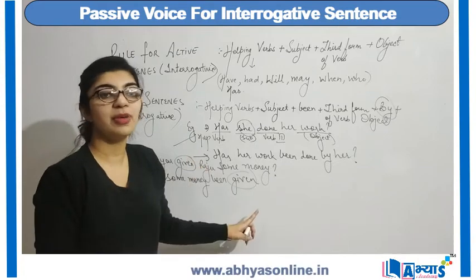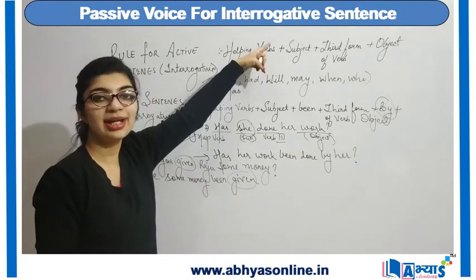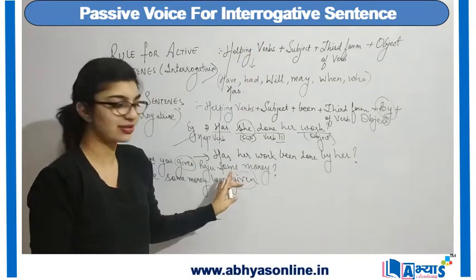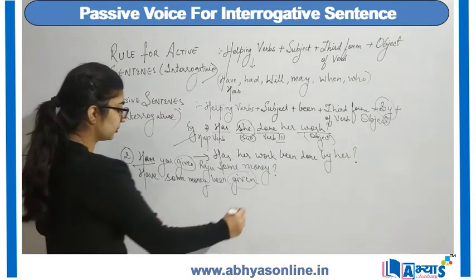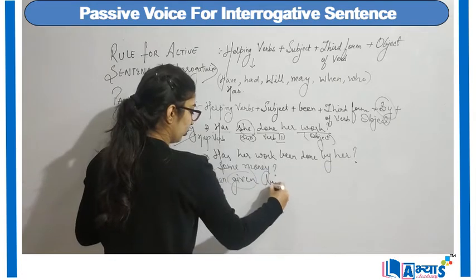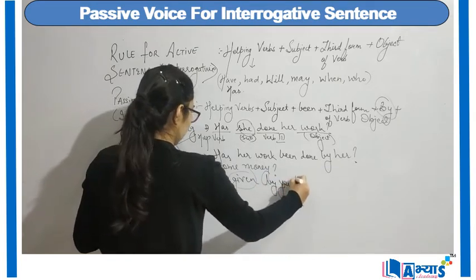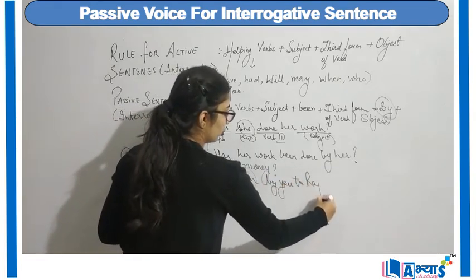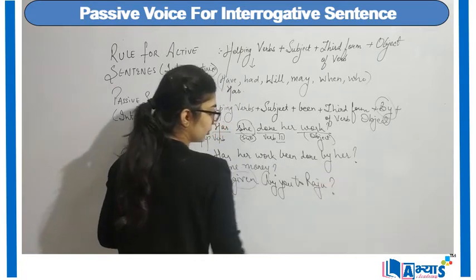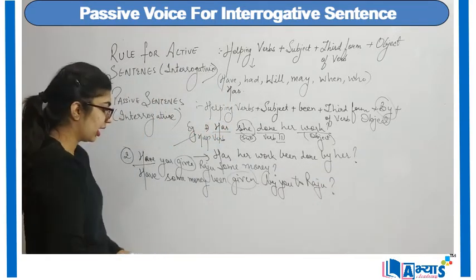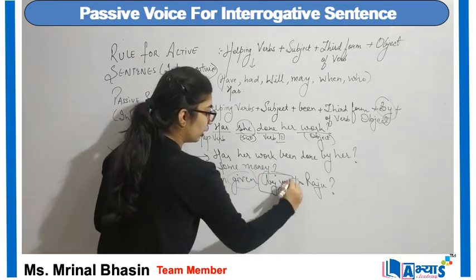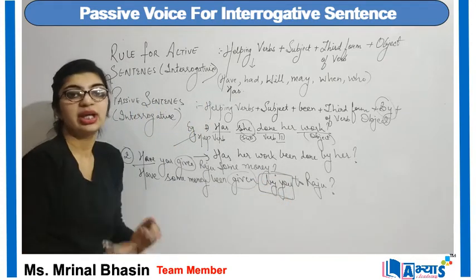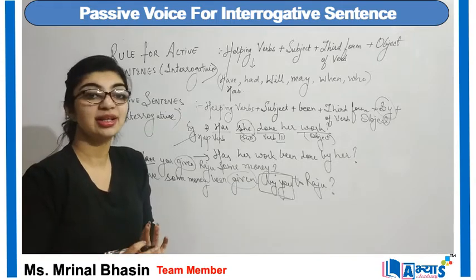The form of my verb remains the same in active as well as in passive. So, have some money been given by you to Raju? Right? Now, in this sentence, even if I do not make use of by you, even then my sentence is correct.